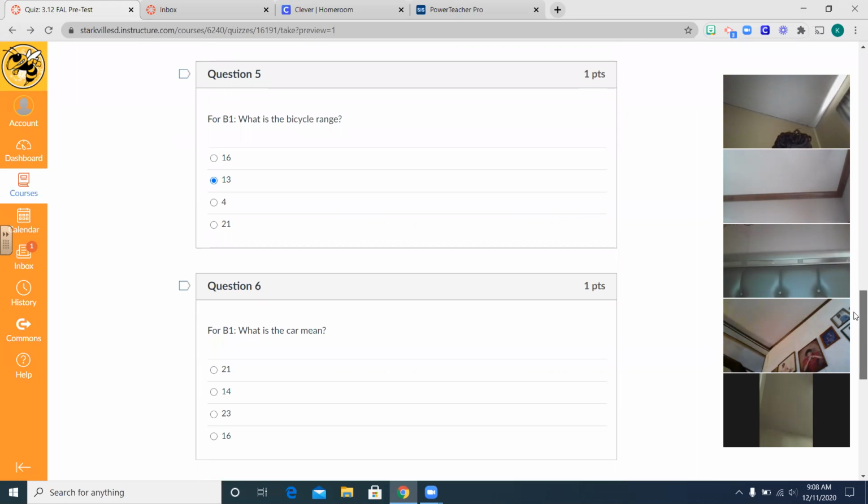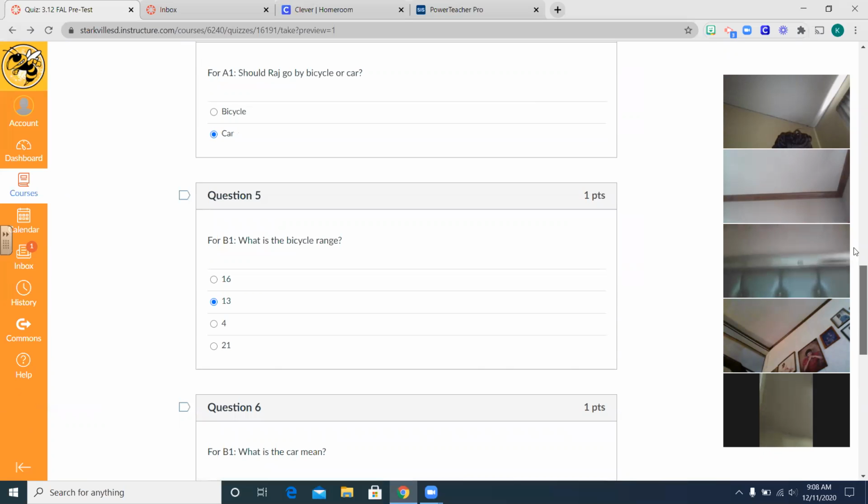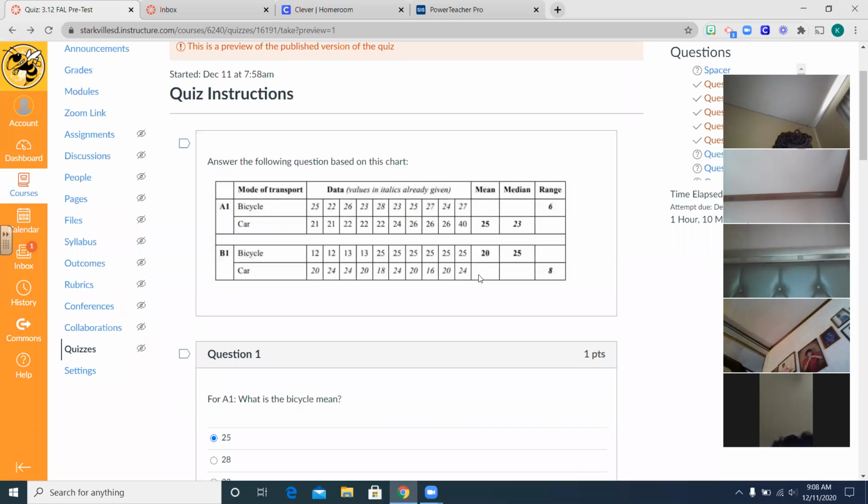Let's go to the number 6. For B1, what is the car mean? Okay, what is the car mean for B1? Again, how do we get the mean, guys? We add them all up. So we strictly add up B1 car number.